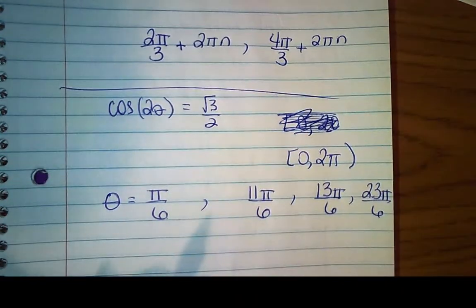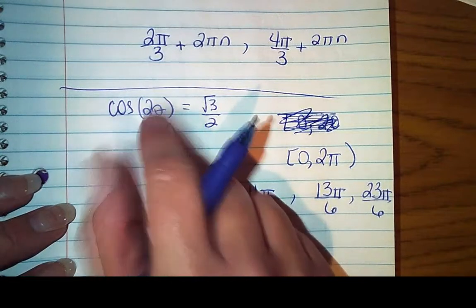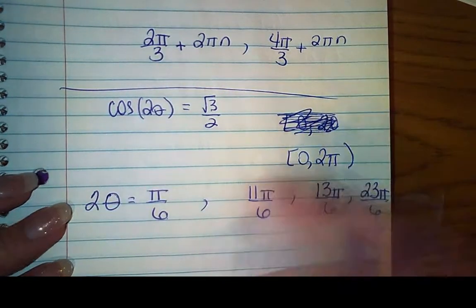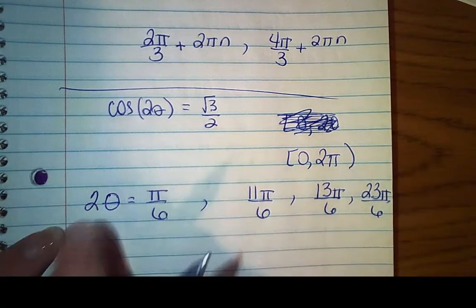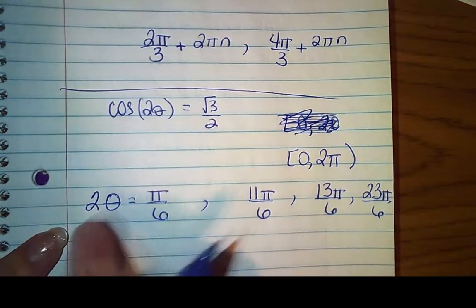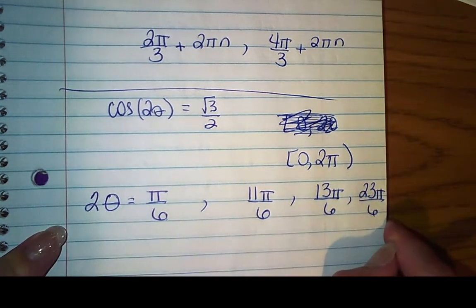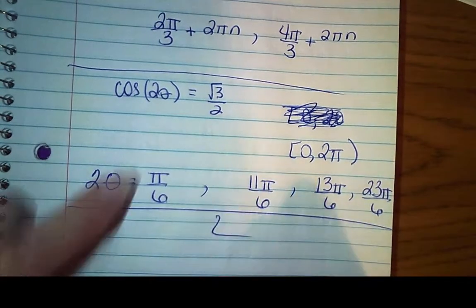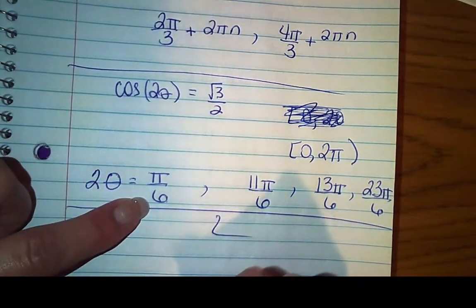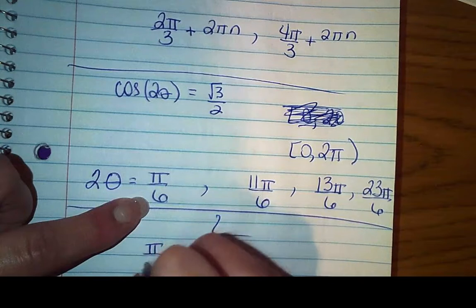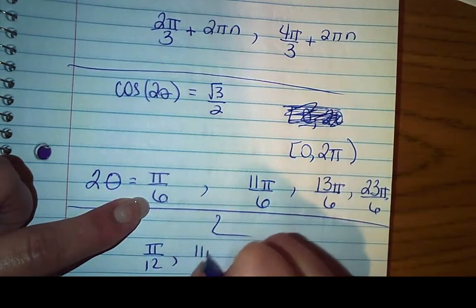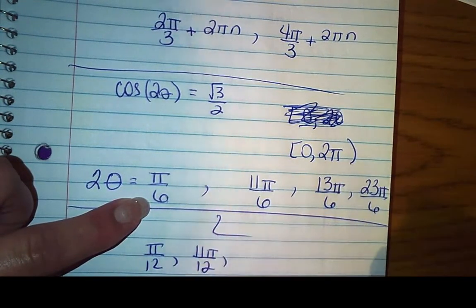Here's the issue. I'm not dealing with a single theta. I'm dealing with 2 thetas. Okay, so I've set up the whole thing, and now I just need to solve for theta. So I'm going to divide everything by 2, and then see where I'm at. So if I divide everything by 2, pi over 6 over 2 is pi over 12. 11 pi over 6 over 2 is 11 pi over 12.